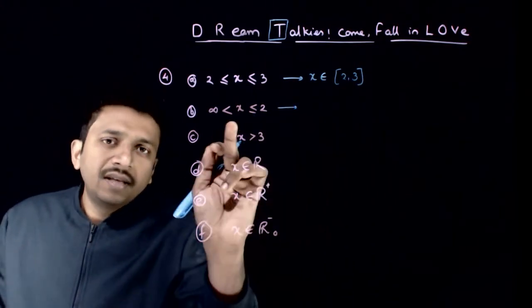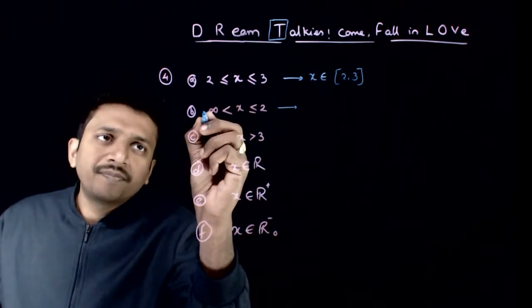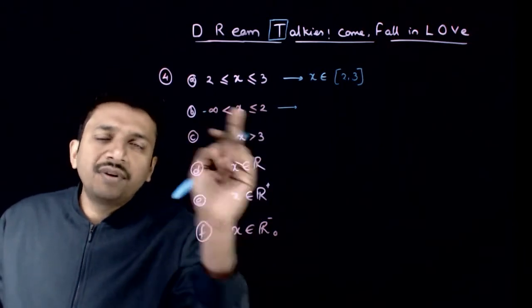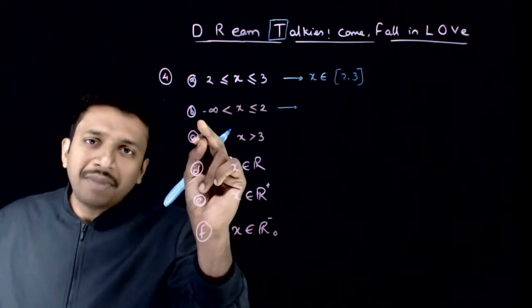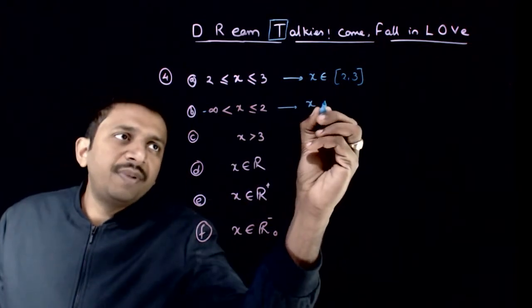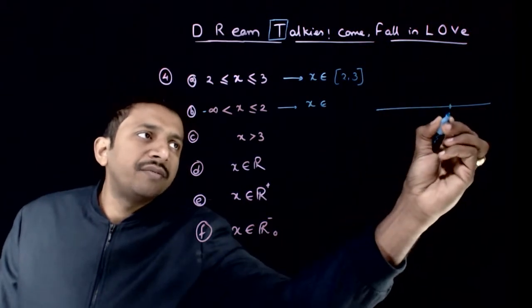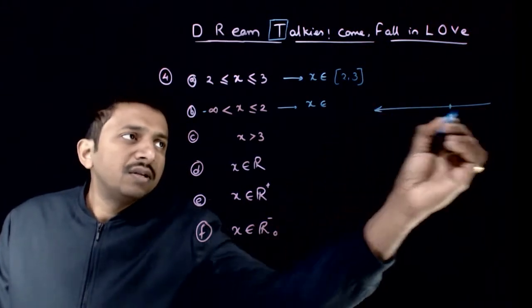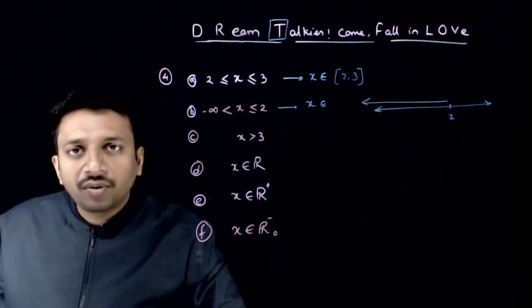And next, x is going from minus infinity to 2. So starting from the extreme minus infinity, x is going towards 2. If you write this on a real number line, this looks something like this. So if you have 2 here, x goes from minus infinity to 2. So all these numbers are okay.